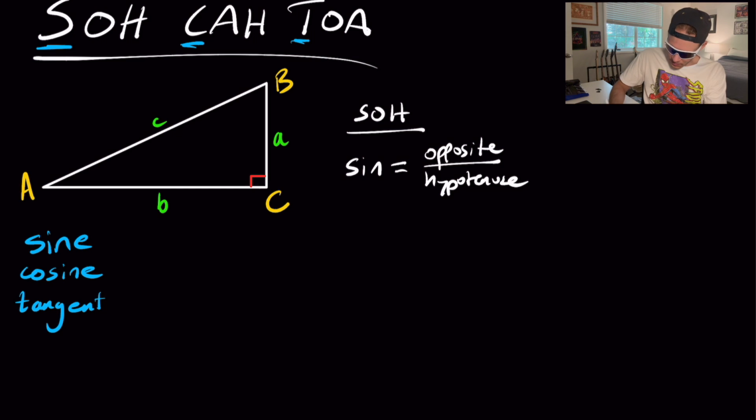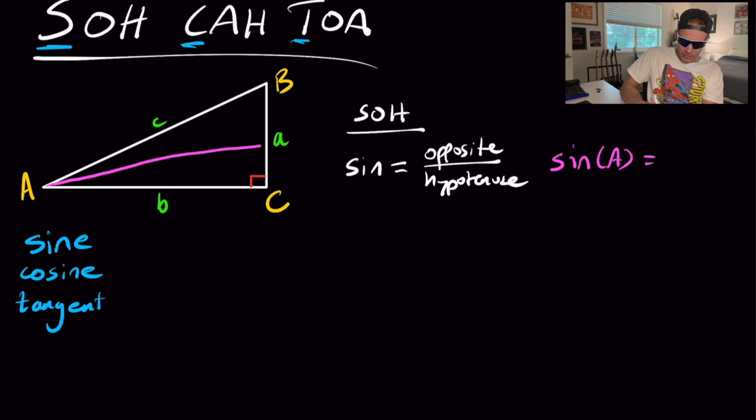So here is an example. Let's do sine of A. Angles will always go in the parentheses next to your trig functions or trig ratios. So sine of A. When we have sine of A, I'm going to go to that angle in the triangle. And this is going to be equal to, well, what's the opposite side to angle A?